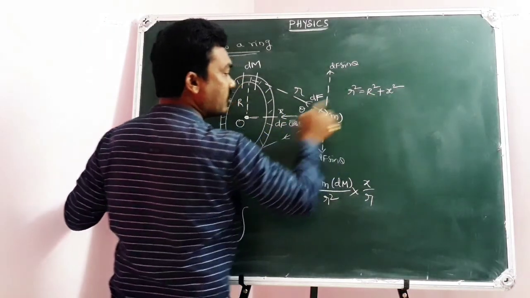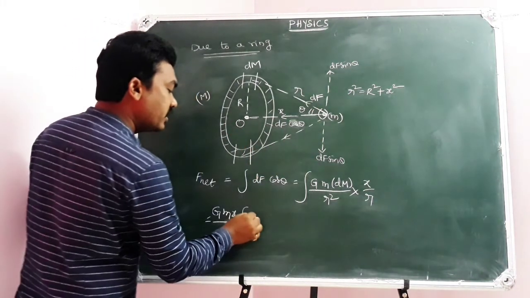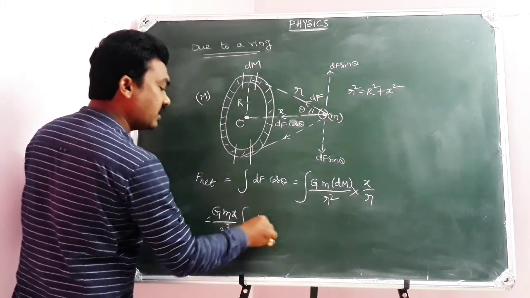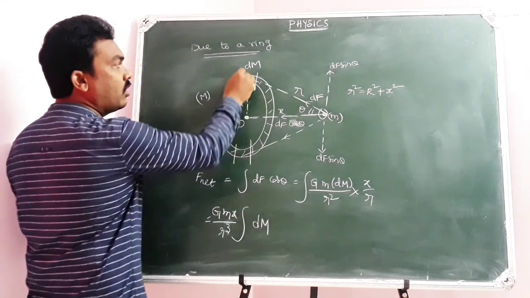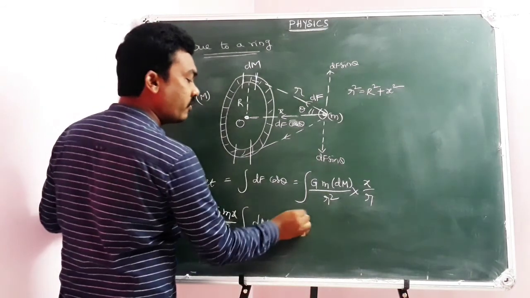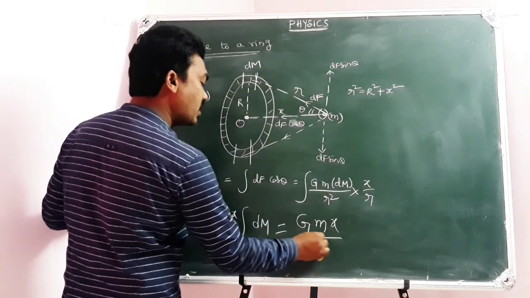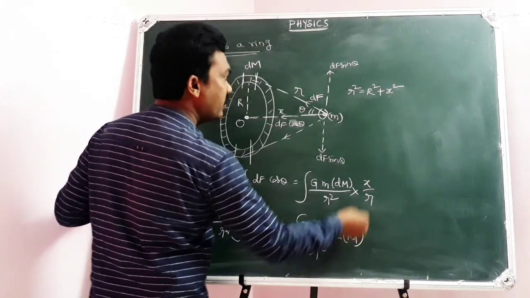As capital R and x are constant, small r will be constant. Remember that. Into integral of dm is left. Integral dm means all these small elements to be integrated. Then you will get the mass of the ring. So your final answer is G small m into x by r cube into capital M.